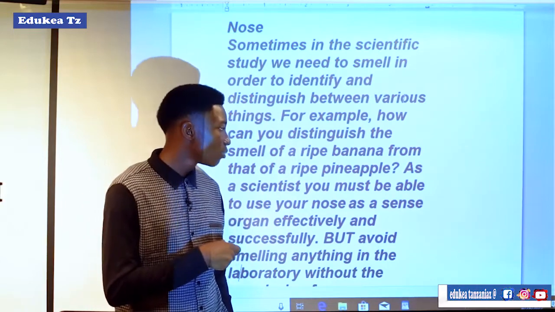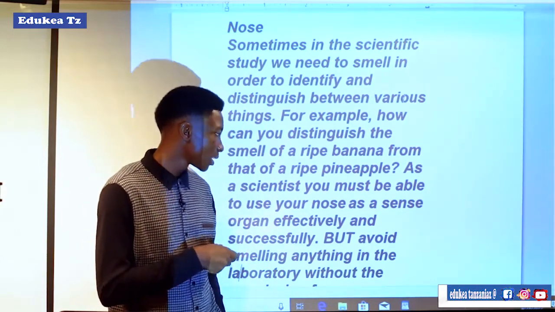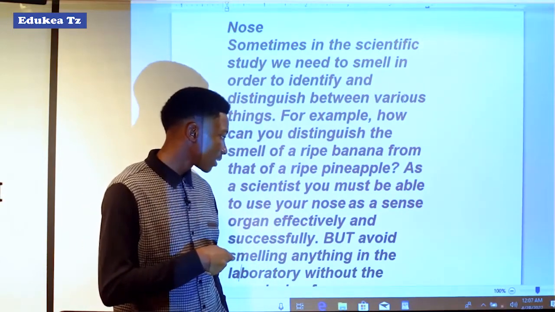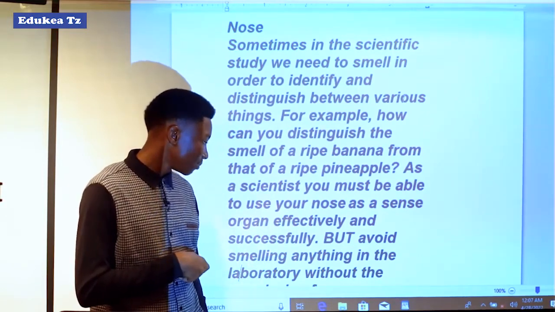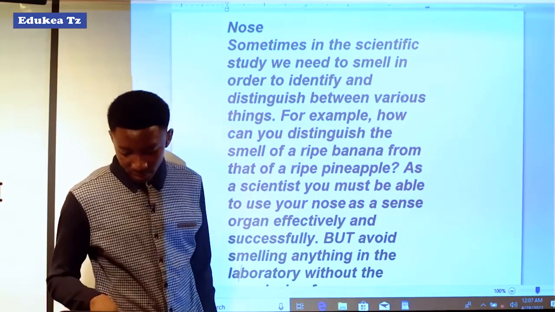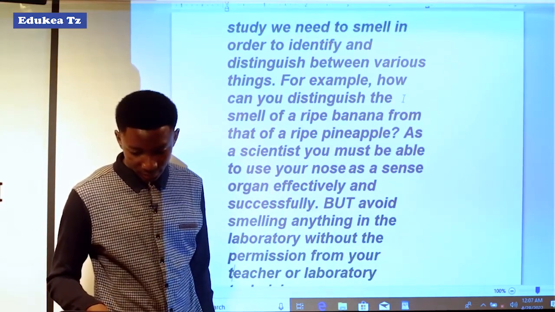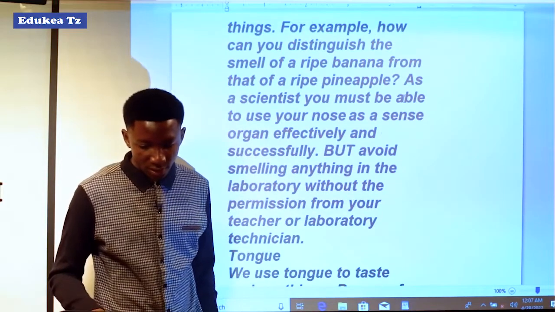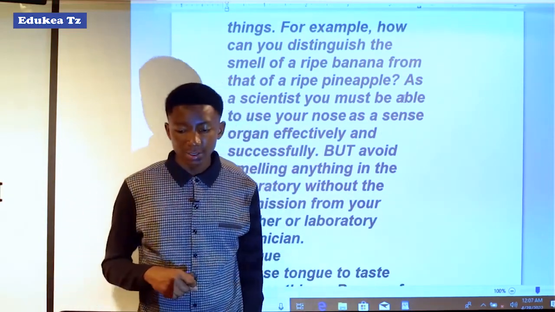As a scientist, you must be able to use your nose as a sense organ effectively and successfully, but avoid smelling anything in the laboratory without permission from your teacher or laboratory technician.